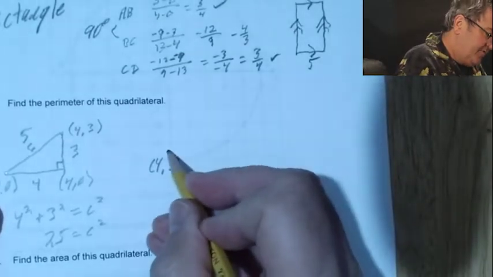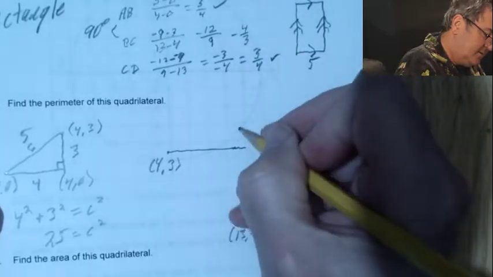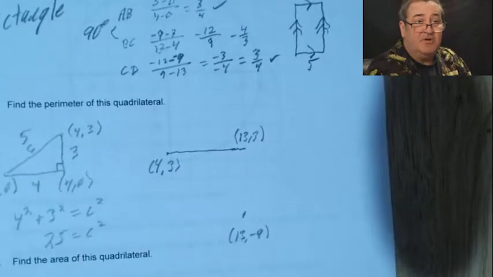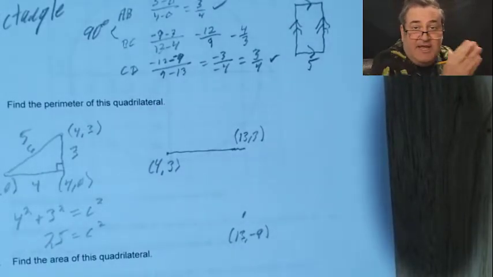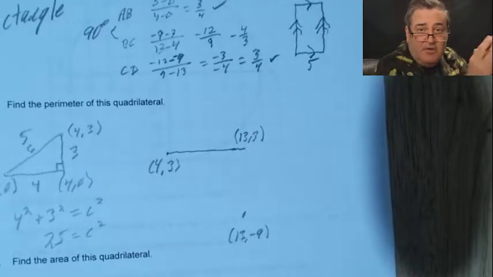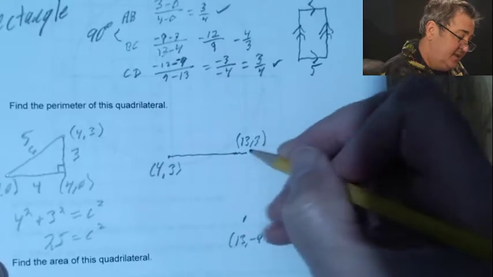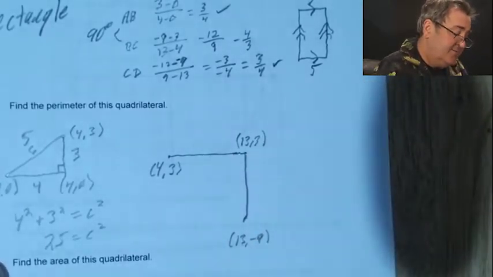So we know going from here to here, it would go over as far as the 13. So now it would be at 13, 3. If we just went straight across, we're not going up or down, we're keeping the y at 3, but we're taking the x all the way from the 4 and moving it all the way over to the 13, so that way it lines up. And then we'll go straight down from 3 to negative 9.